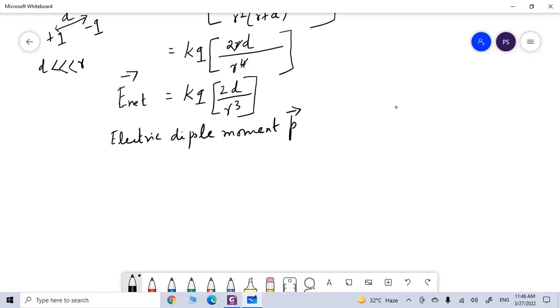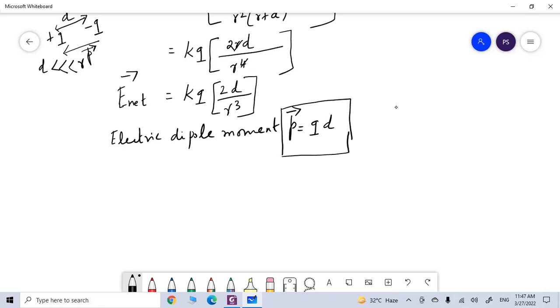Now electric dipole moment is always used to describe an electric dipole essentially at long distances. Electric dipole moment is defined as the product of the magnitude of the charge with the distance. It is always directed from negative to positive. This is the direction of the electric dipole moment, always running from negative to positive.